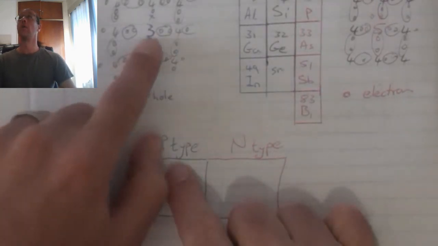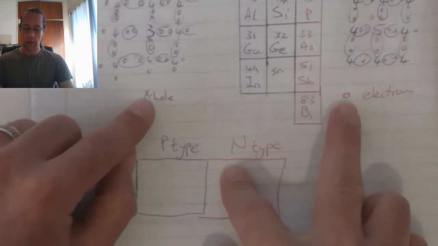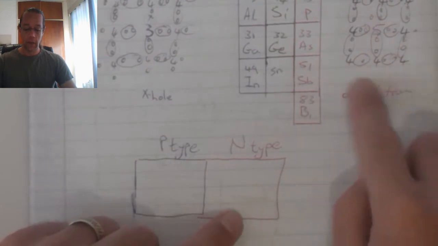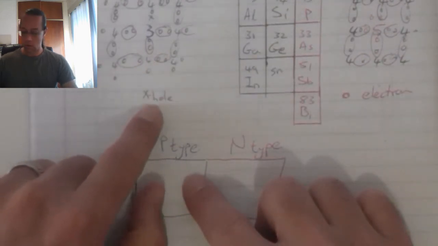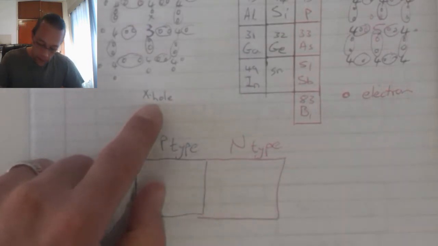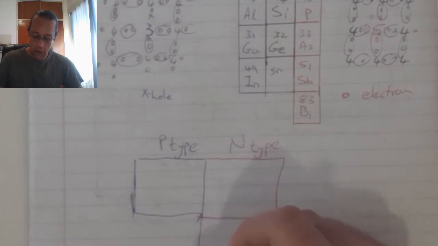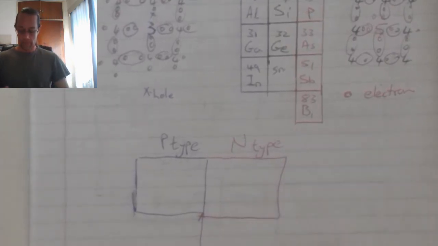The P-type has excess holes. The N-type has excess electrons. So when I'm combining these two, I'm taking a material that is rich in electrons and combining it with a material that is rich in holes. Here where we combine these two materials, that is called my pn junction.